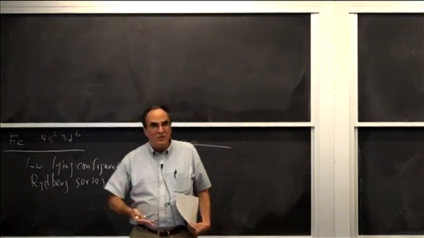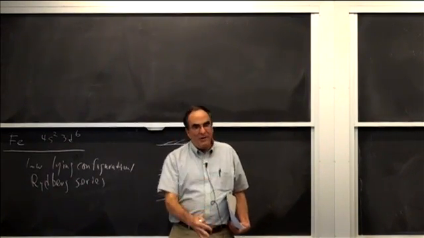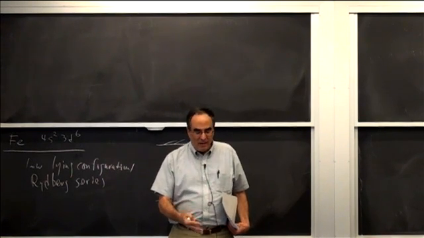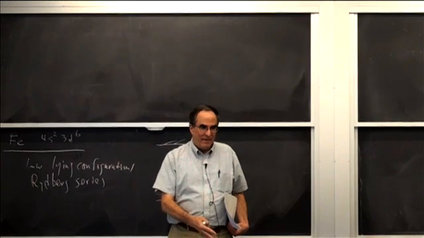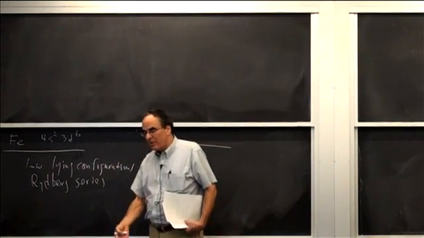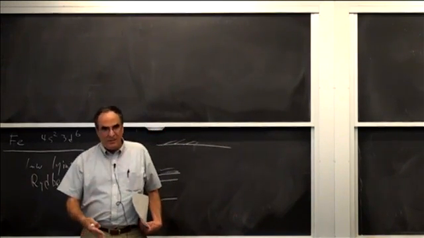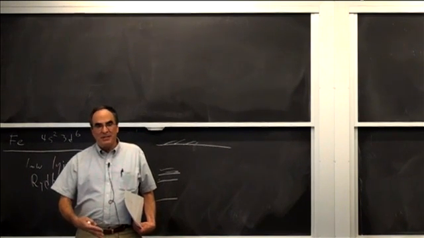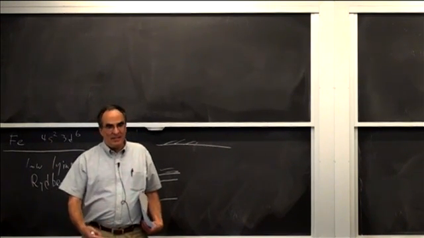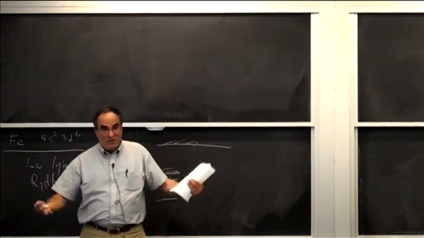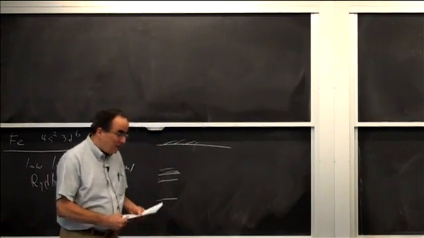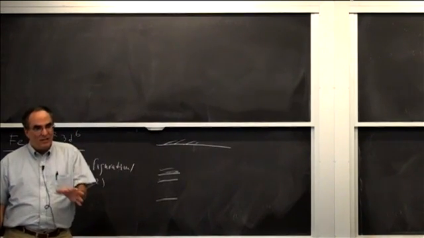There's another thing that tells you which way is down. If you can figure out something about the lowest lying state, what will be its symmetry or what will be its properties, then if you happen to see transitions involving that state, you know which way is down. But if you don't see that, then you still have to worry about this. So this is really a puzzle.